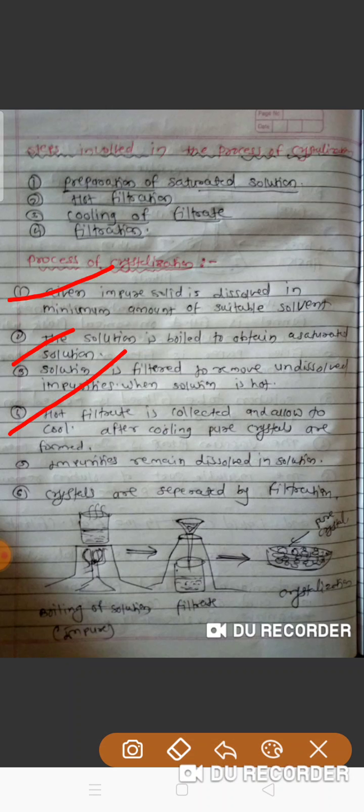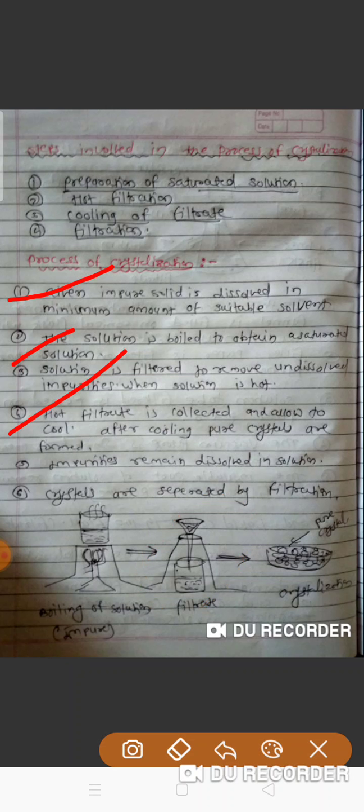Here we dissolve the impure solid substance in the minimum amount of suitable solvent, and then the solution is boiled to obtain the saturated solution. After that, we filter the saturated solution to remove the undissolved impurities.